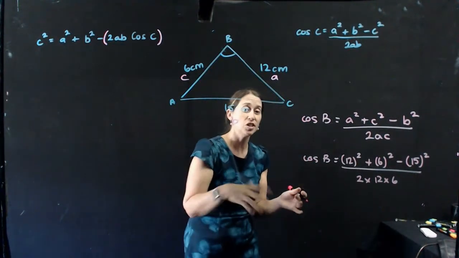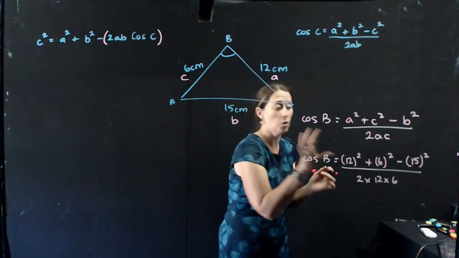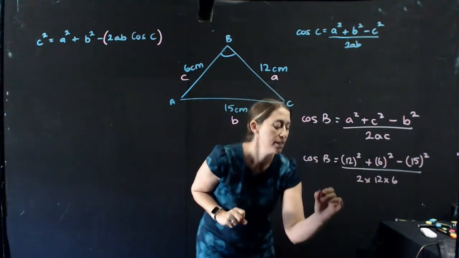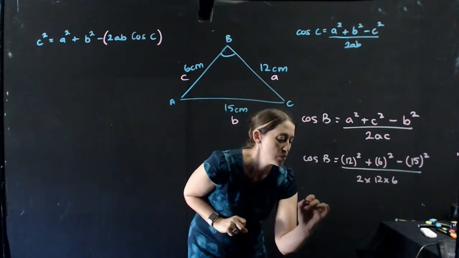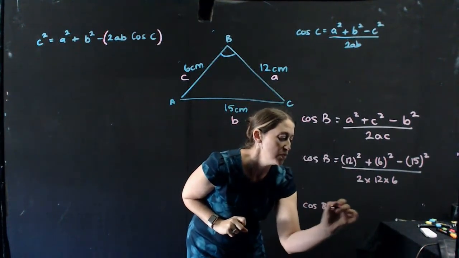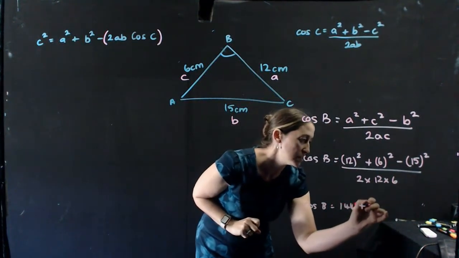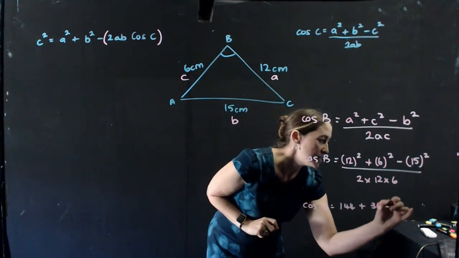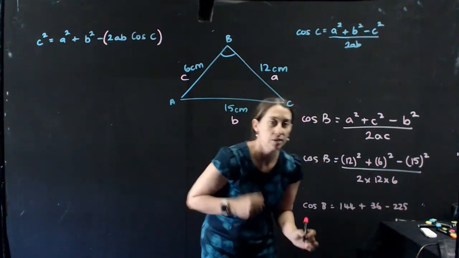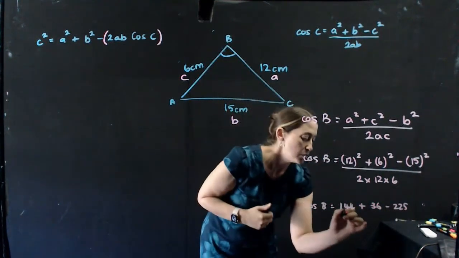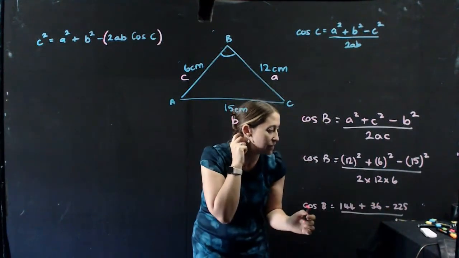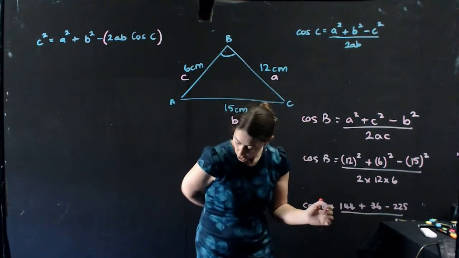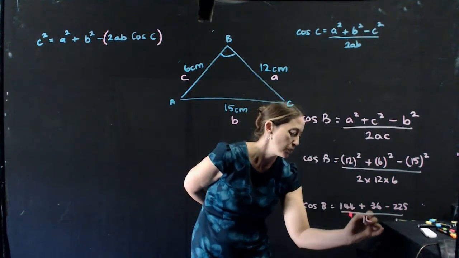Clearly I'm going to do the inverse cosine of all of this to get angle B. So 12 squared is 144, plus 6 squared is 36. Take away 225, which is the 15 squared, divided by 12 times 6 is 72, multiplied by 2 is 144.